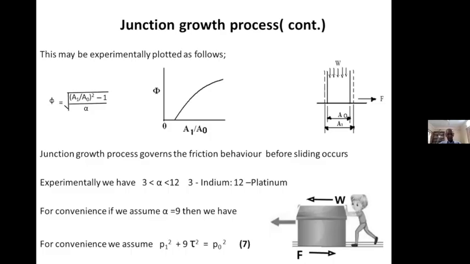There is a simple factor, and this curve shows that. Experimentally, we have seen that at the two extremes, for indium alpha is 3, and for platinum alpha is 12. So alpha, we can say, is between 3 and 12.